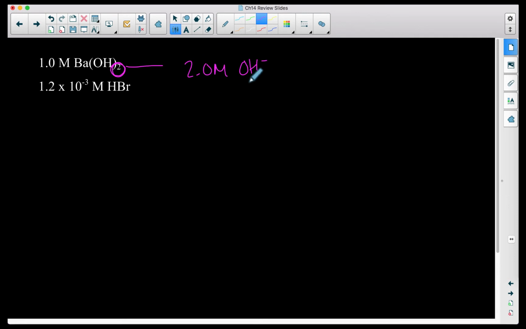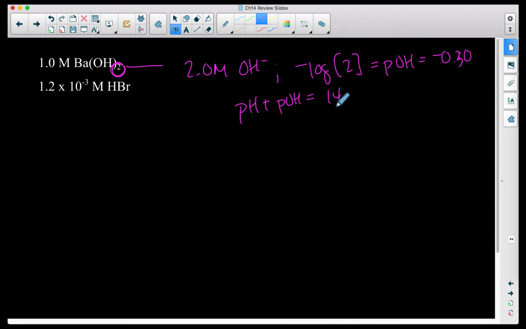All right, so then if I have 2 molar hydroxide, I'll go ahead and take the negative log of 2, and that's going to give me my pOH. And so the negative log of 2 is equal to negative 0.3. And then my pH equals, well, pH plus pOH equals 14.